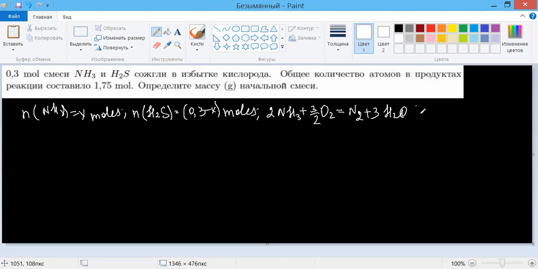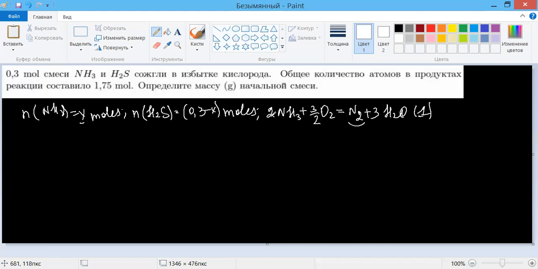Okay, that's the first reaction. Now, from this reaction scheme, it is clear that the amount of molecular nitrogen is half of that of the initial ammonia. We know that the initial ammonia amount stands at x moles, right?